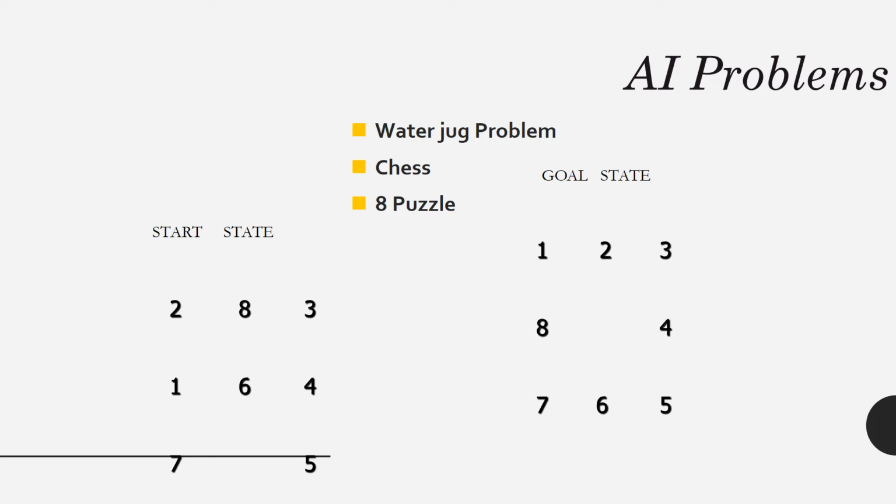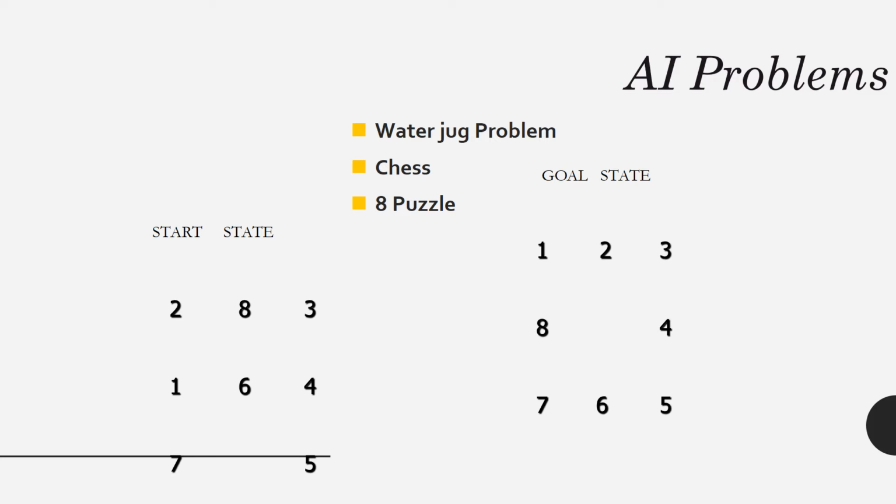8 puzzle is an AI problem in which we have a rectangular frame holding 8 different square tiles. These square tiles are numbered from 1 to 8. There is an empty square which permits movement of the tiles.